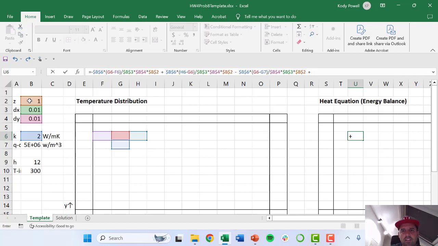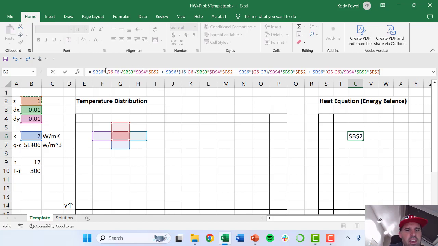So here we have plus k times my temperature difference, which is now going to be the j plus 1 cell temperature minus the j minus 1 cell temperature, and I divide that by delta y, and now I get my cross-sectional area, which is now delta x times z. All right, so now I have the four terms. I'm going to leave the generation term alone right now.